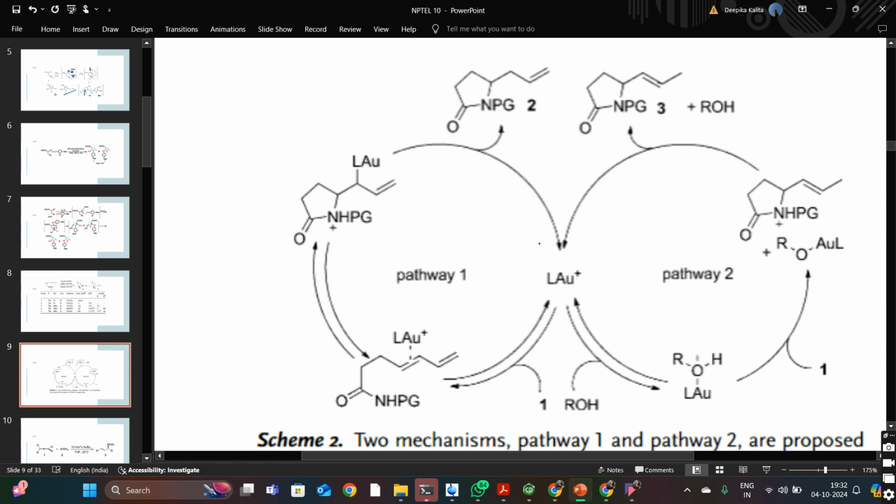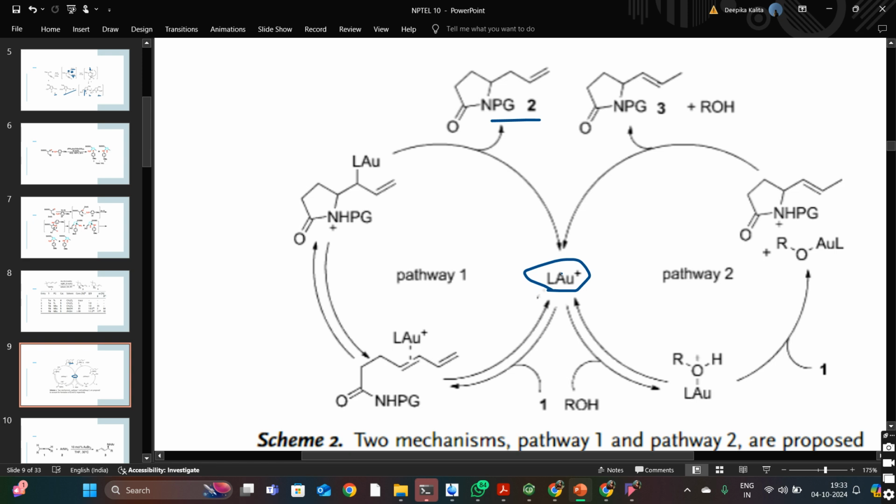So let us start with pathway 1, which is going to give us the product number 2. Okay, so we have this gold catalyst present in the system, which is in +1 oxidation state.